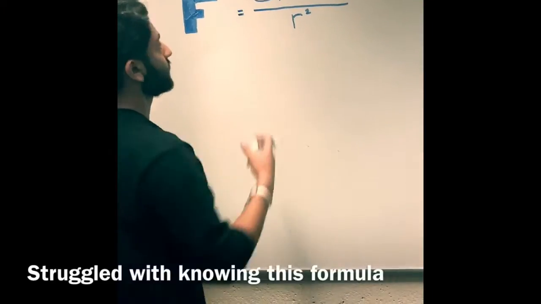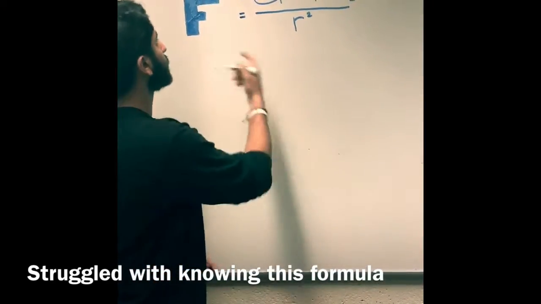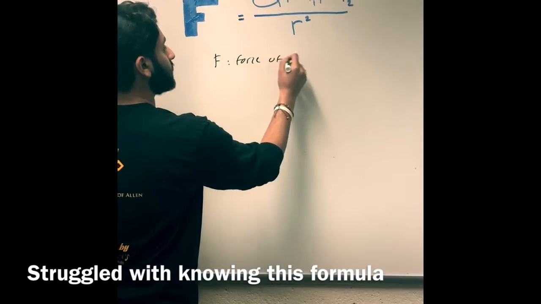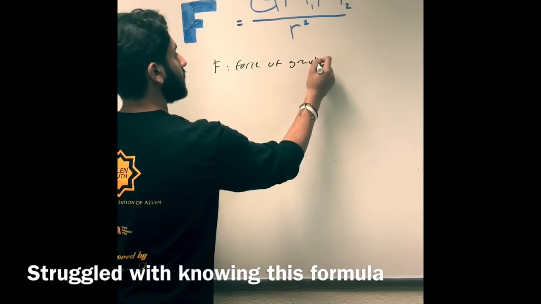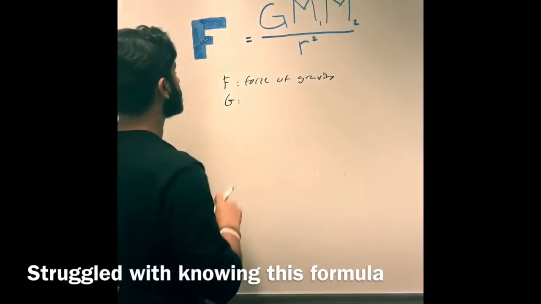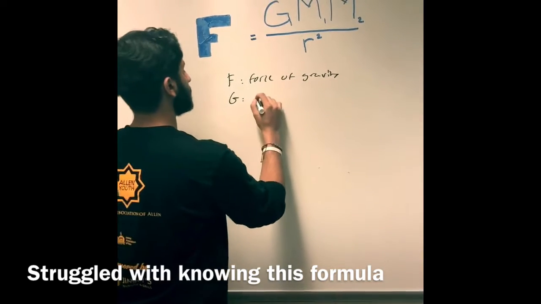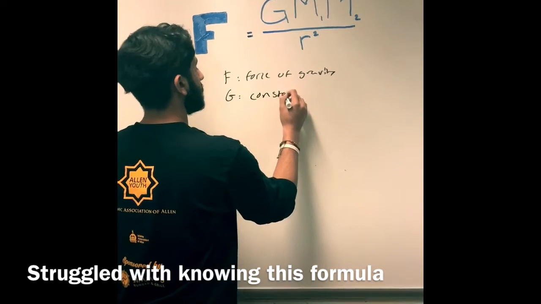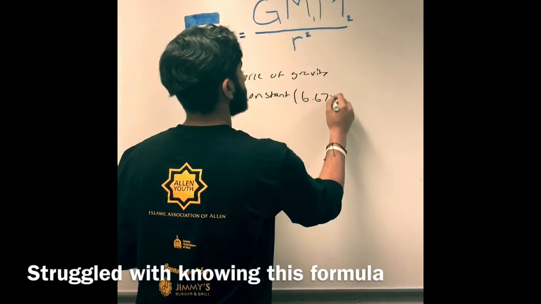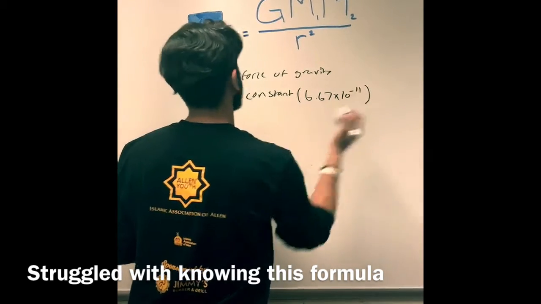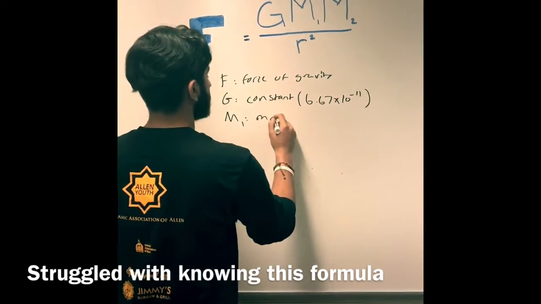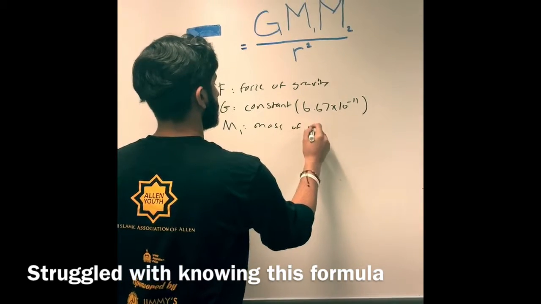Gravity revolves around this formula. F is the force of gravity. The big G is the universal constant for gravity, which is 6.67 times 10 to the negative 11th power. M1 is the mass of one object in the universe.